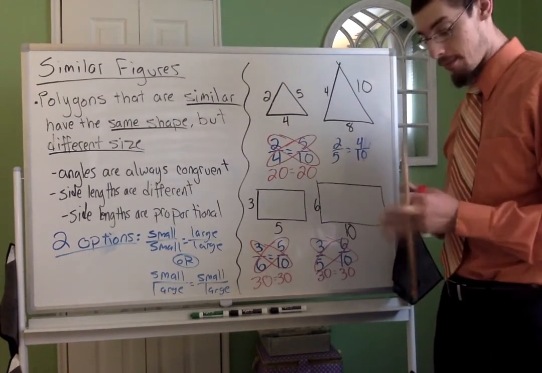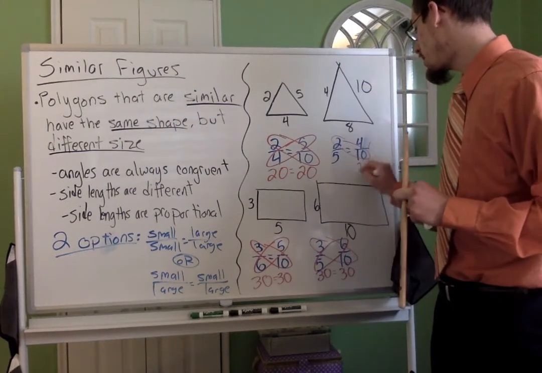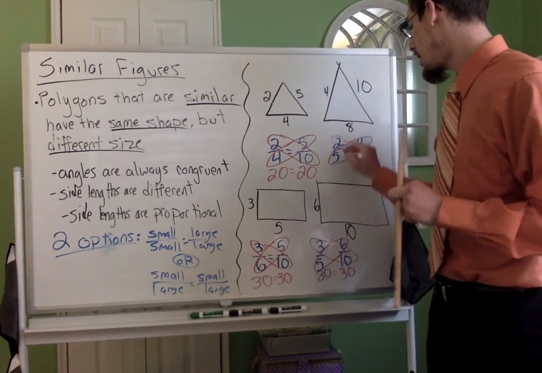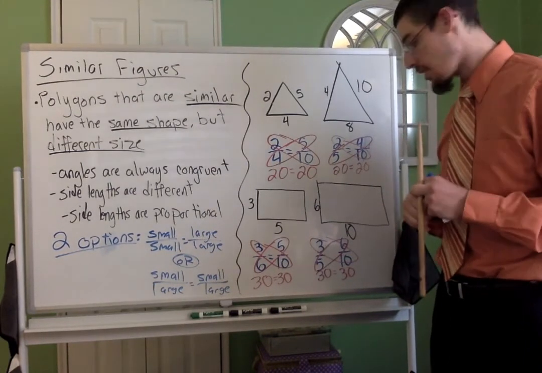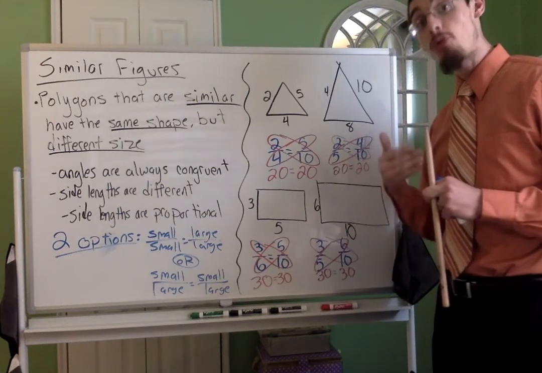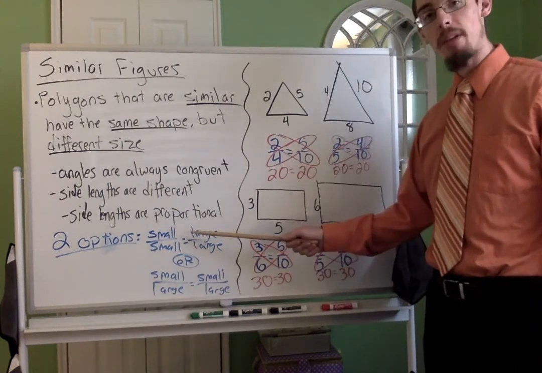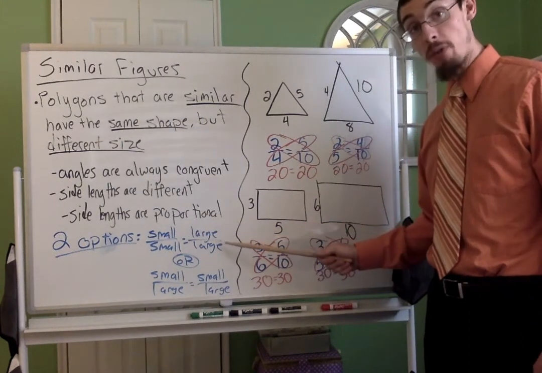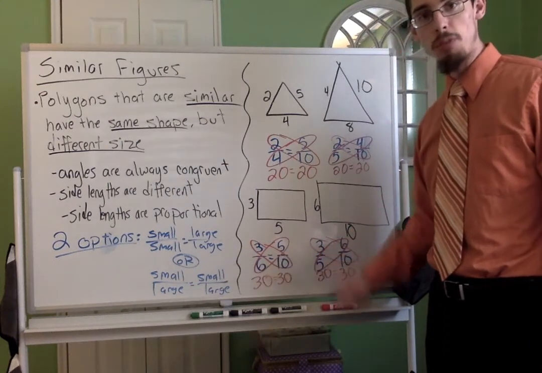Cross multiply. 2 times 10 is 20, and 4 times 5 is 20. You get 20 equals 20. So really you have multiple ways you could correctly set up the proportion, as long as you keep it small over small, large over large, or small over large equals small over large.